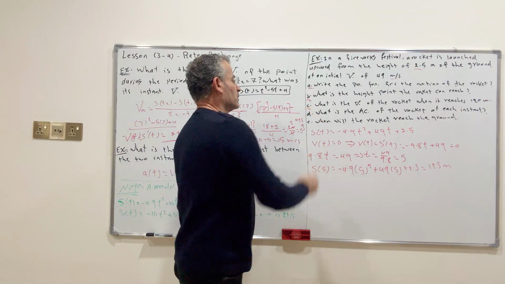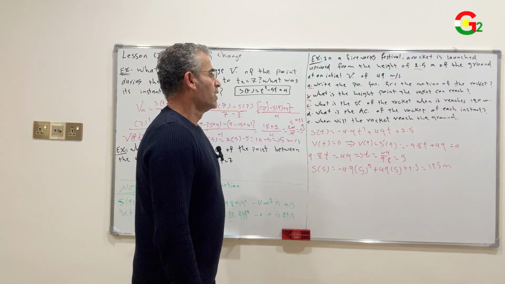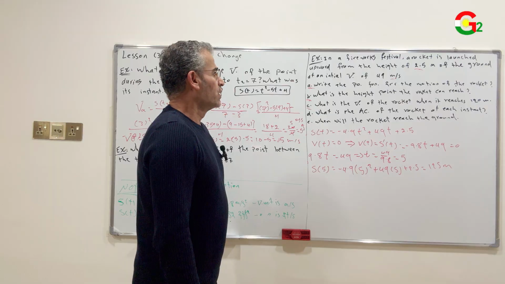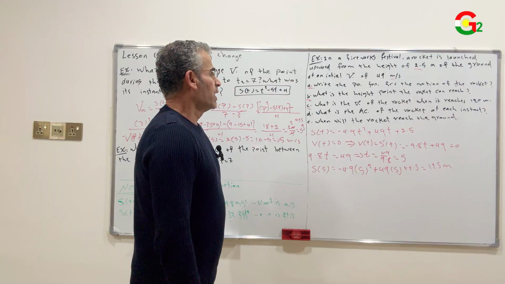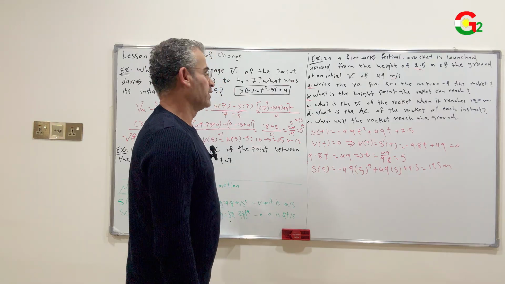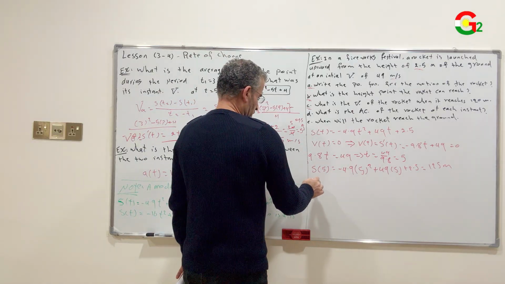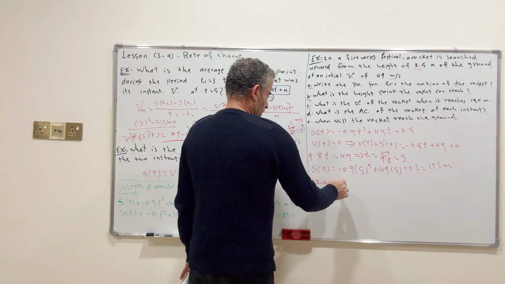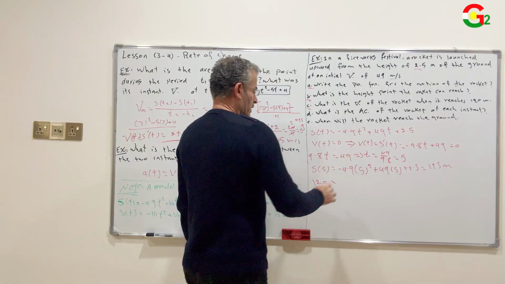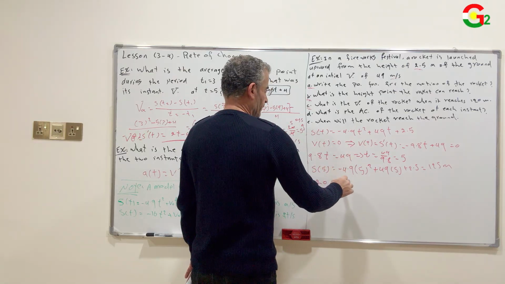Part c: what is the velocity of the rocket when it reaches 120 meters? Set the position 120 in the position function to find the time.